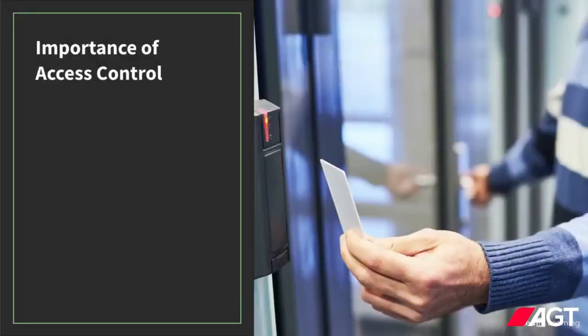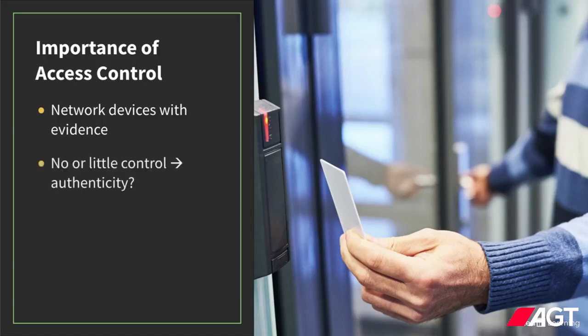Any network devices could contain evidence relevant to an investigation. They're also vulnerable to compromises. If a router or server does not enforce access control or has little access control, it's tough to prove the authenticity of the evidence present on it.